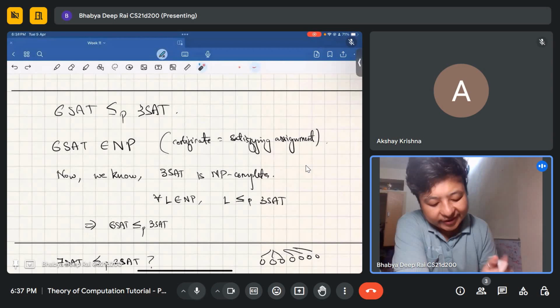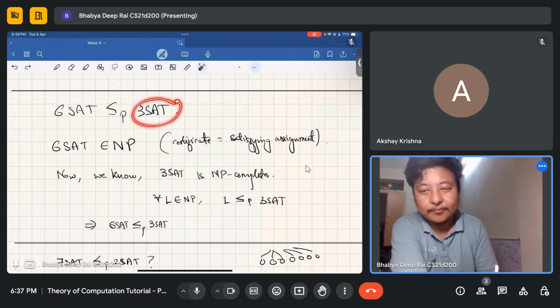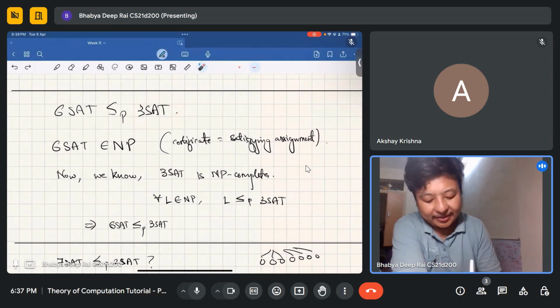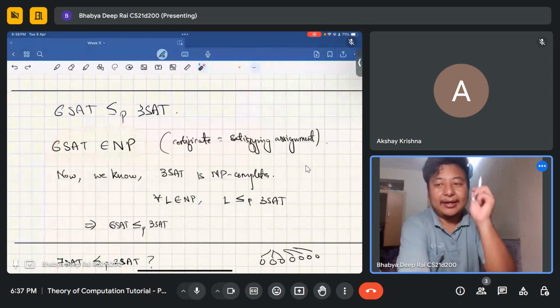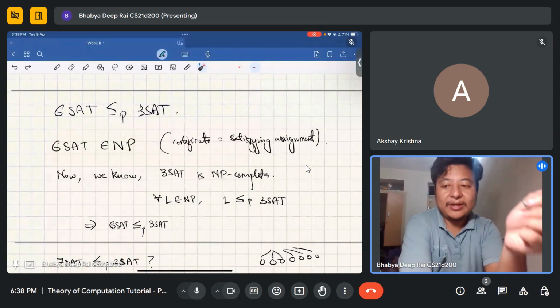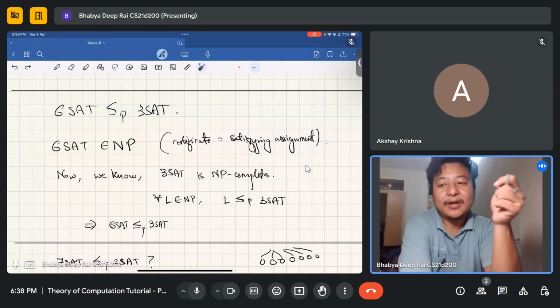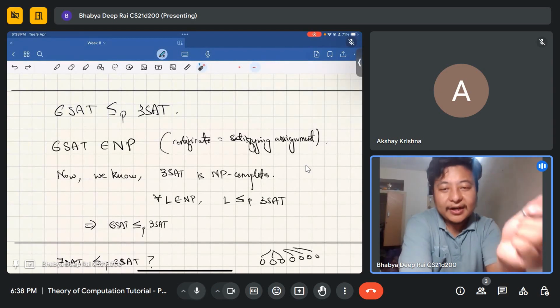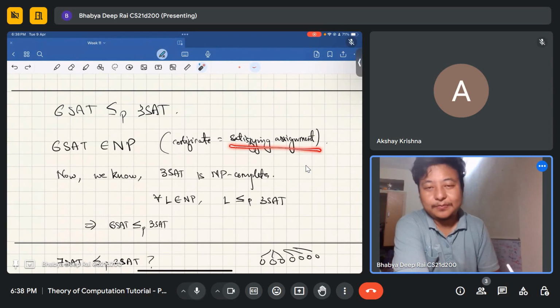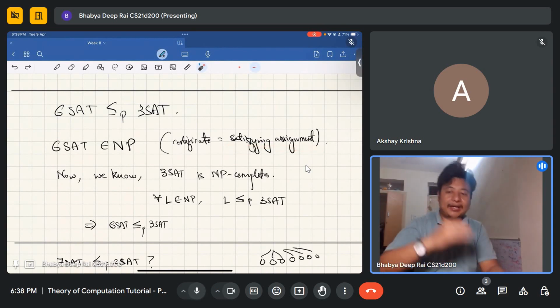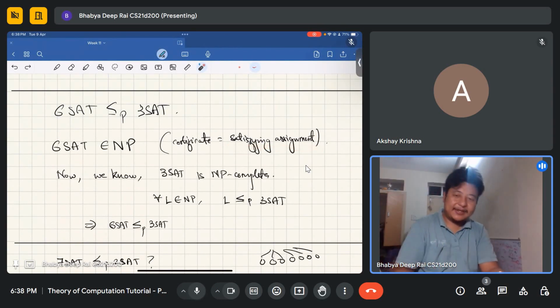Now, the careful observation is that 3-SAT is NP-complete. And 6-SAT is in NP. Why is 6-SAT in NP? By the definition of NP, for a problem to be in NP, I just give an efficiently verifiable certificate for that. The certificate I give is the satisfying assignment itself. I make the claim that 6-SAT is definitely satisfiable, and you ask me how.